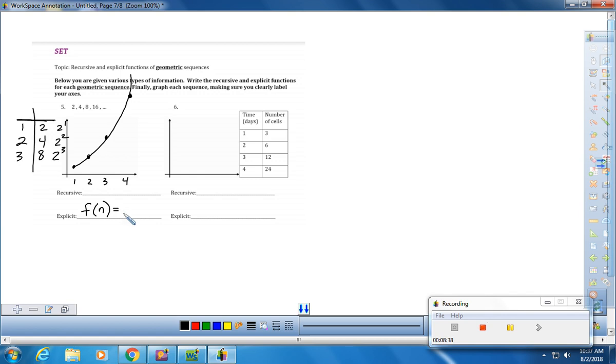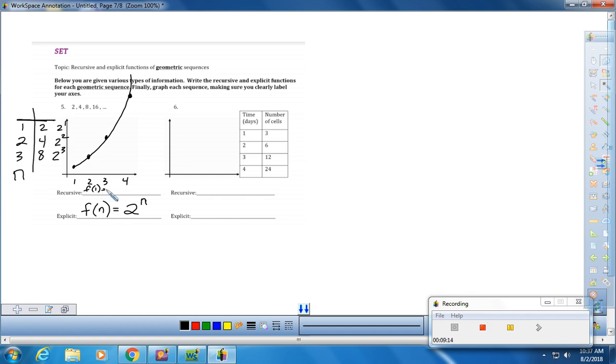Well, let's see. It looks like this, if this is n there, it's just 2 to the n. So as things are geometrically getting bigger, so if you're multiplying something by the previous term, the n is usually going to be in the exponent, and then what the factor of multiplication was going to be some version out there. Okay? Now let's look at the recursive.